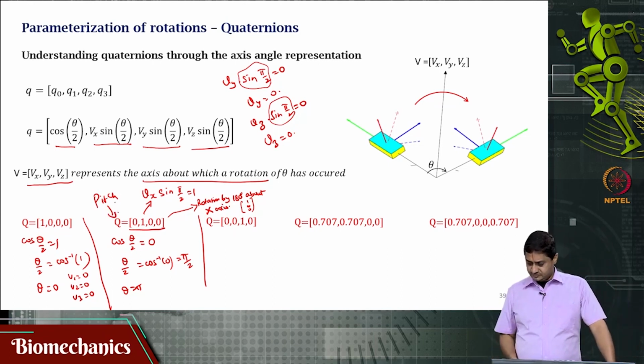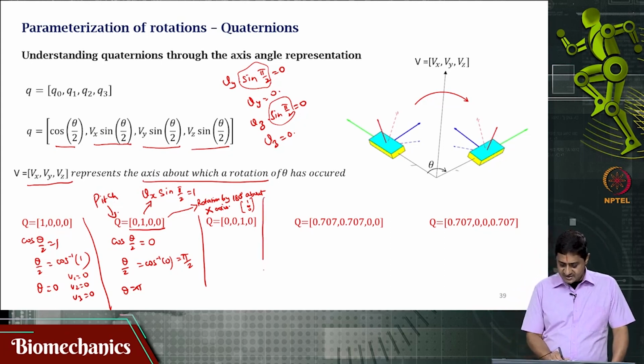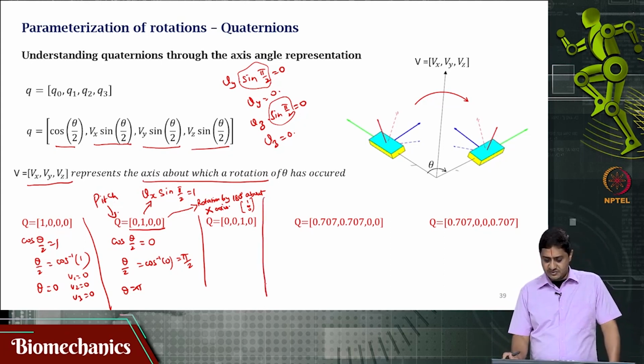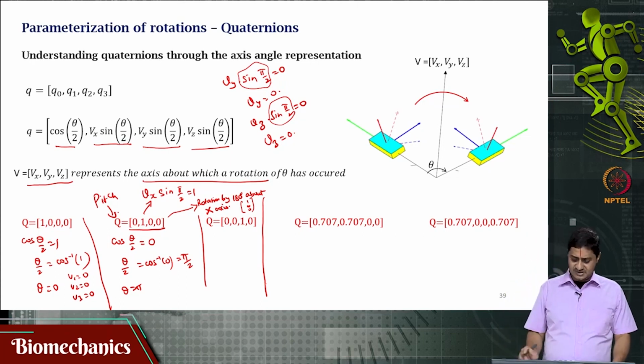Now, let us look at this case of q equal to 0.707, 0.707, 0, 0. Again, these numbers are conveniently taken so that it is not too complicated for you. The actual problems that you will come across in real life and probably in the exam need not be so simple, okay. But let us continue.